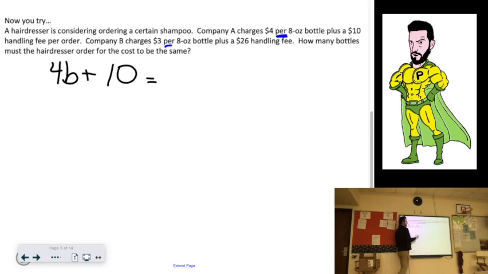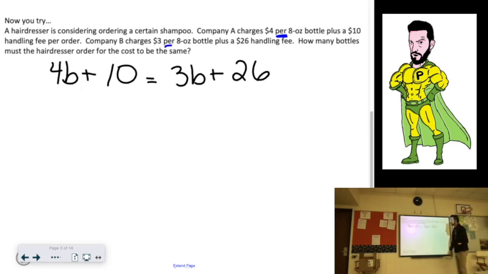So here's company A's fee structure. 4B plus 10. We want to know when that's going to equal the other place. B charges $3 per bottle, 3B, plus a $26 handling fee. There we go. There's when their costs are going to equal each other.